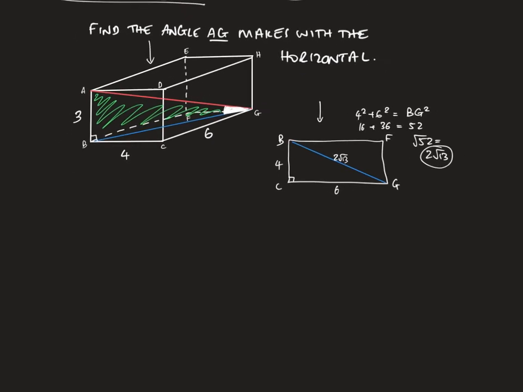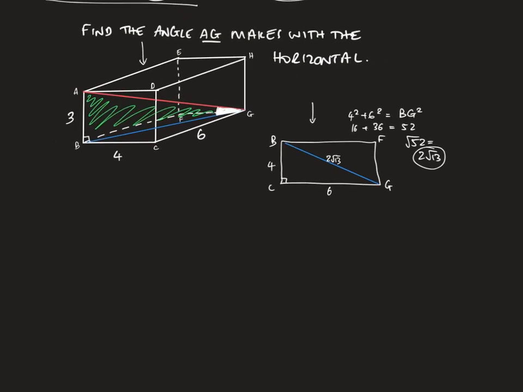Now, once I have the length of BG, what I can actually do is redraw this triangle ABG here. And again, redrawing I think is the key to doing these questions. That's our A, that's our B, and that's our G here. So this was the green triangle that was above here.